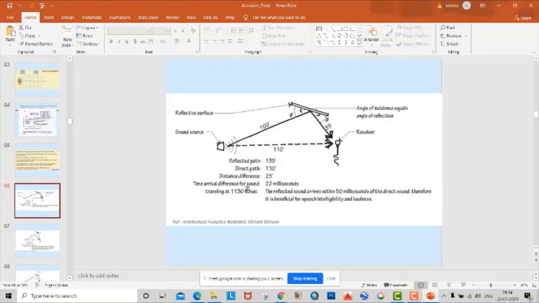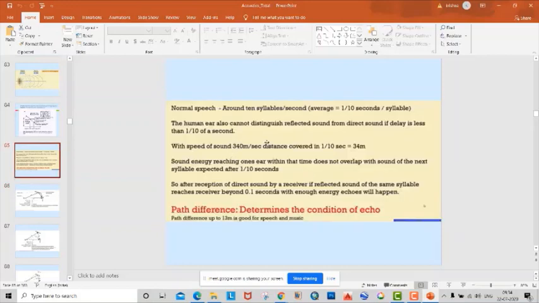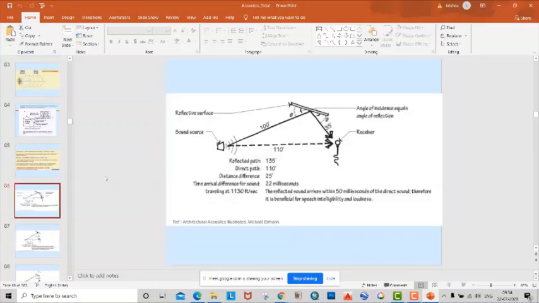In terms of distance, the velocity of sound in normal condition is 340 meters per second, so the path difference should be less than 17 meters. This was the direct path from the source to the receiver, and this was the reflected path via the reflective panel. If the difference between the reflected path and the direct path is less than 17 meters, we receive the reflected sound within 50 milliseconds.